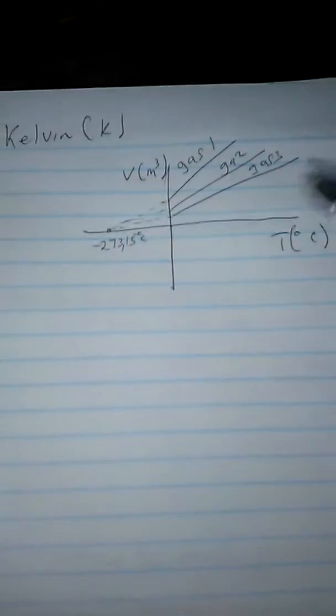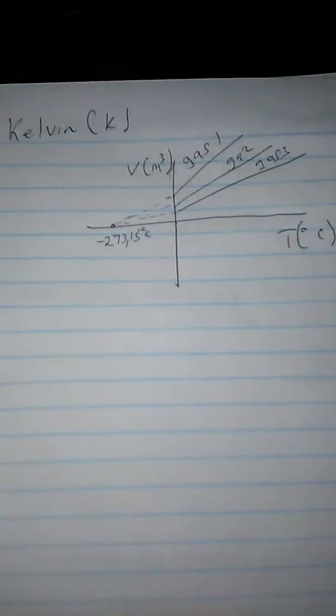So what happened was, when they extrapolated, and I'm sorry about this graph not being to scale, all these graphs came to a point which is minus 273.15 degrees Celsius. When they did these experiments, they noticed that when the volume is 0, this is the temperature. Now we know that the volume of any gas cannot be 0, because for a particle to exist, it must occupy some volume.